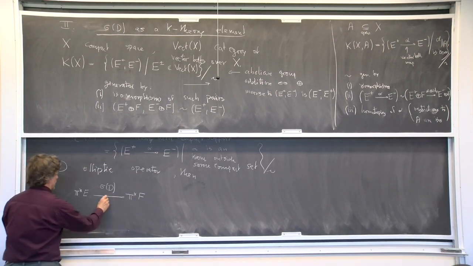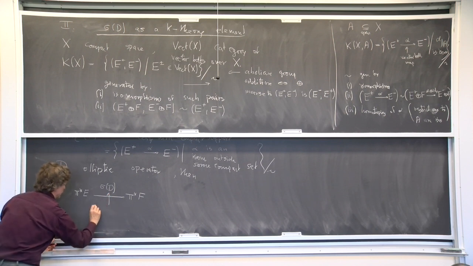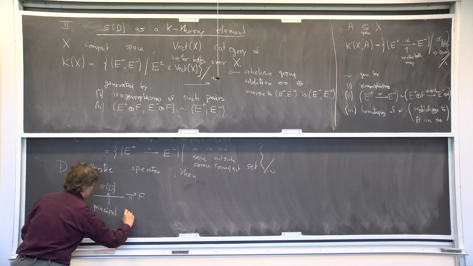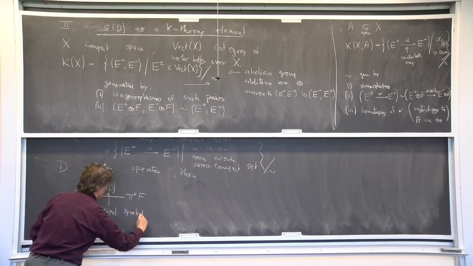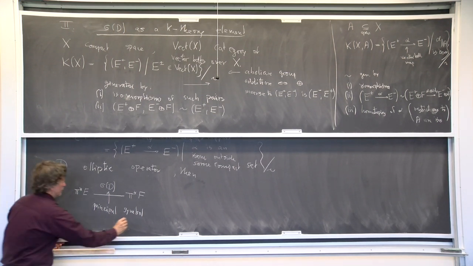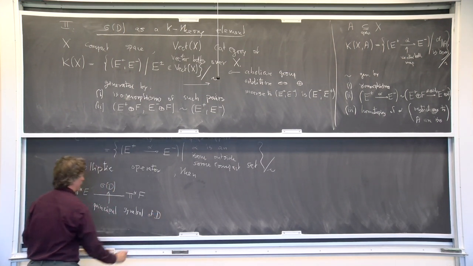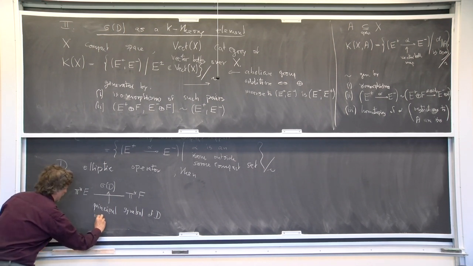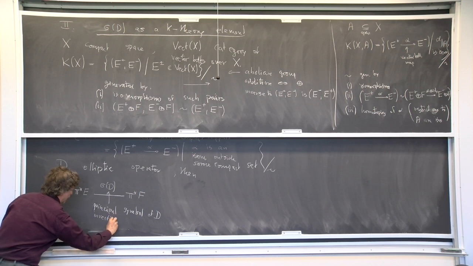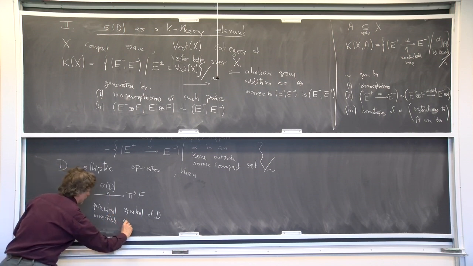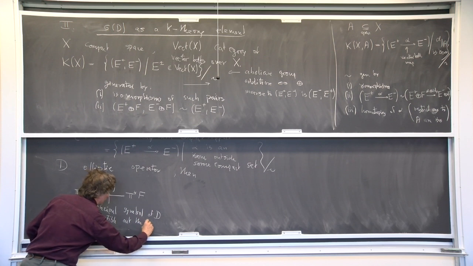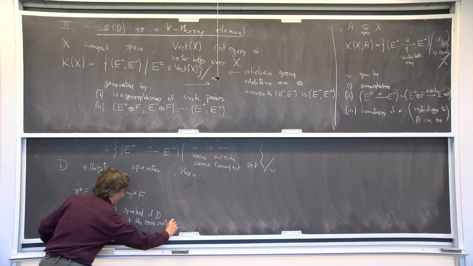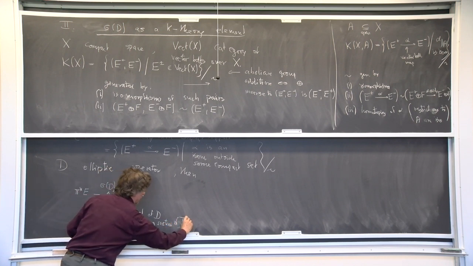So this is the principal symbol of D. And then you see this is invertible outside the zero section of the cotangent bundle of X.